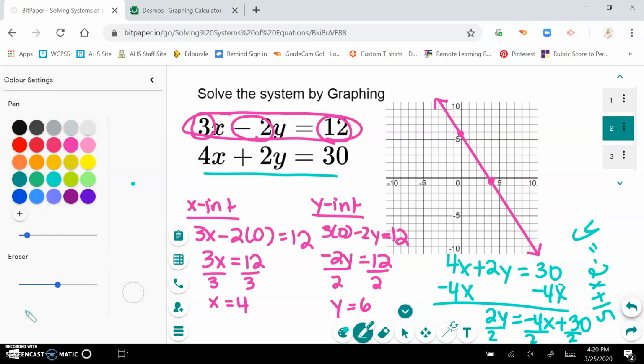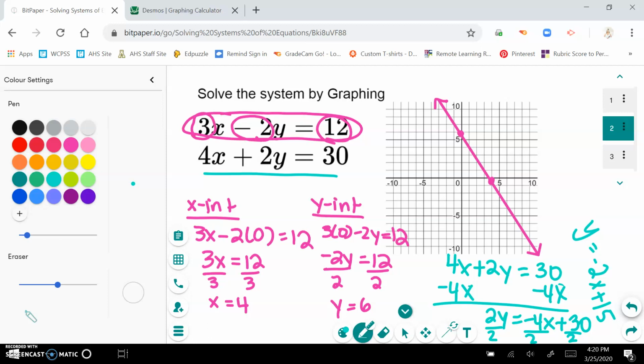This is where graphing isn't great, because my graph only goes to 10, so I don't have room to go up to 15. The same thing would happen if I tried to use intercepts. So I'm thinking, if I put in 3, I'm starting at 15 and I have to go down 2 each time, so maybe I'll be able to get a point. -2 times 3 is -6, plus 15 is 9.